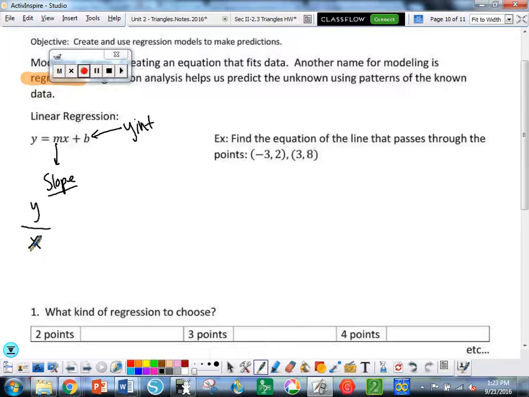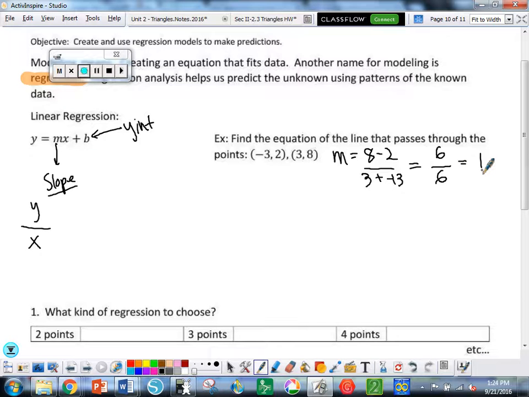To find the y change, I subtract them. 8 minus 2 over 3 minus a negative 3, which would give us 6 over 6, which is 1. My slope is 1.